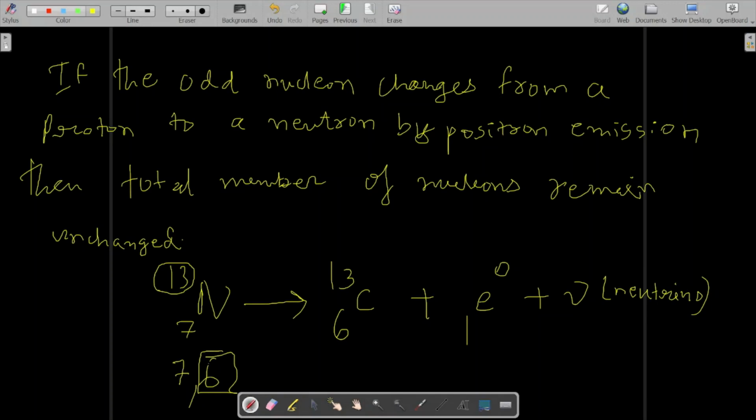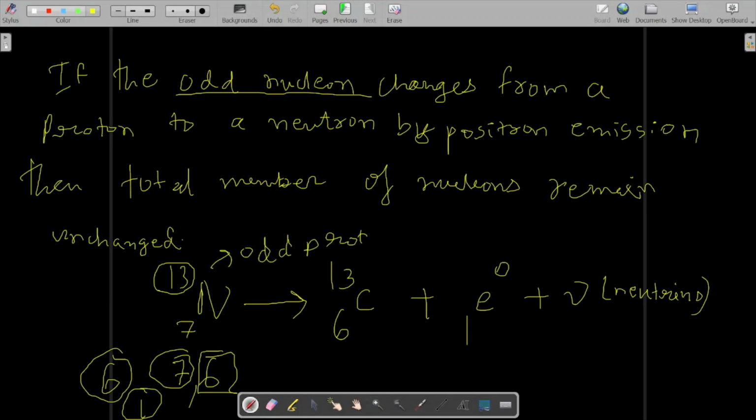If we try to form pairs of nucleons, the 6 protons and 6 neutrons will form pairs, and one odd proton will remain, which did not form any pair, in this N-13.